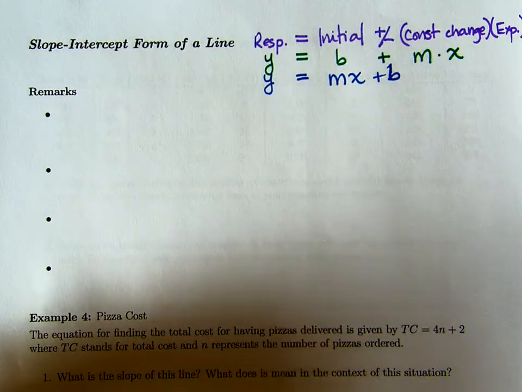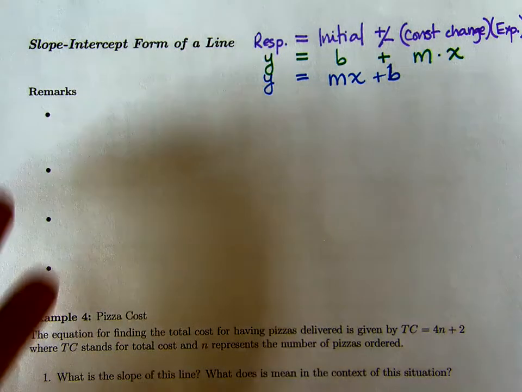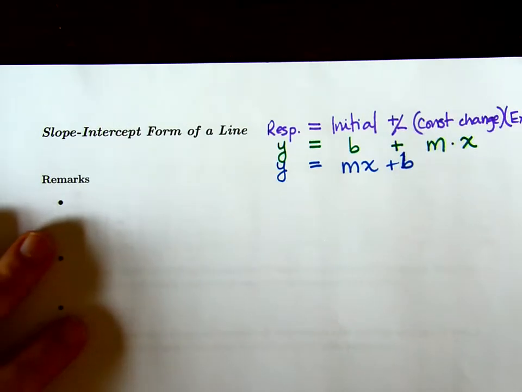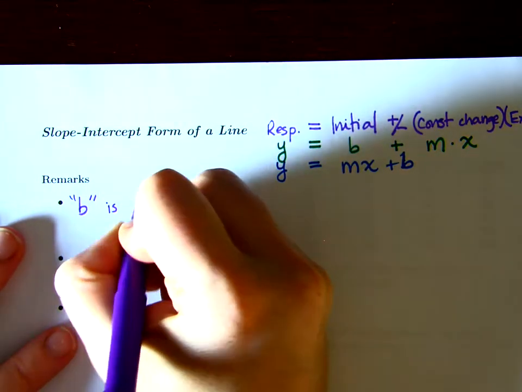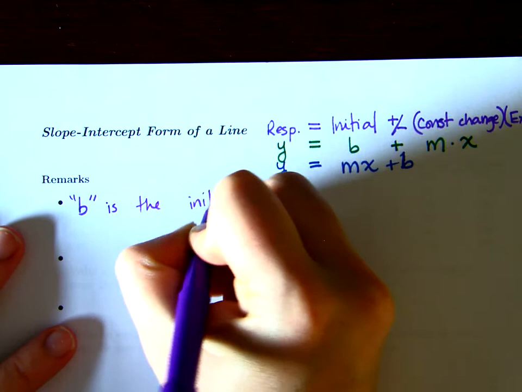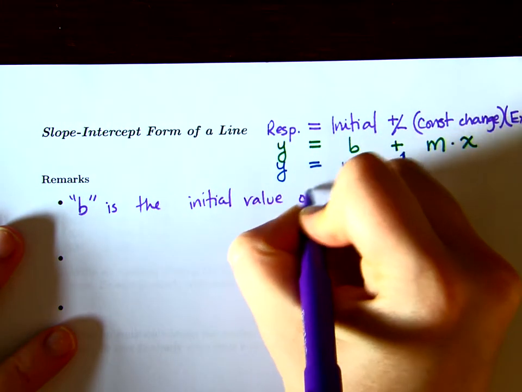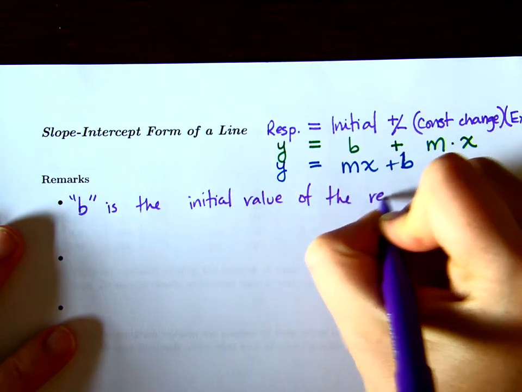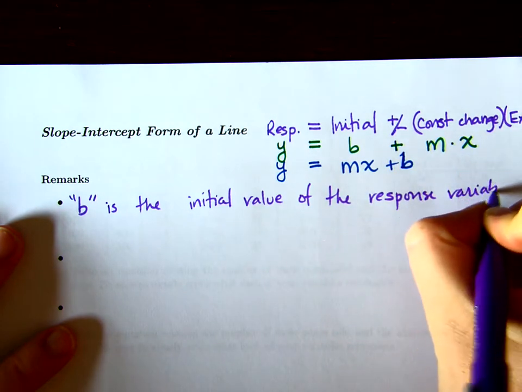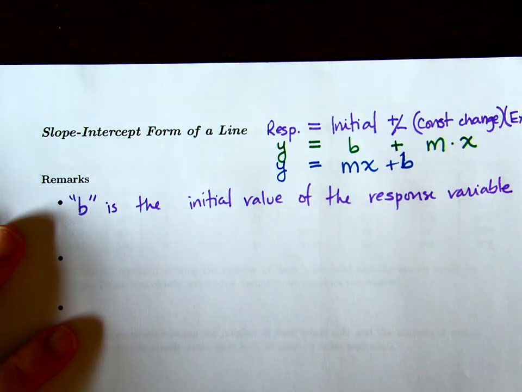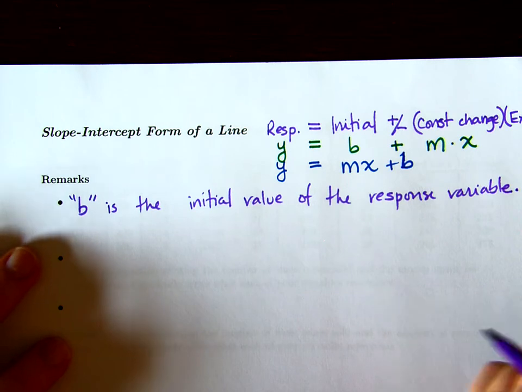So, let's make a few remarks about this. My first remark is exactly that. Okay. B is the initial amount, the initial value of the response variable. In other words, the value of the output when we input 0.